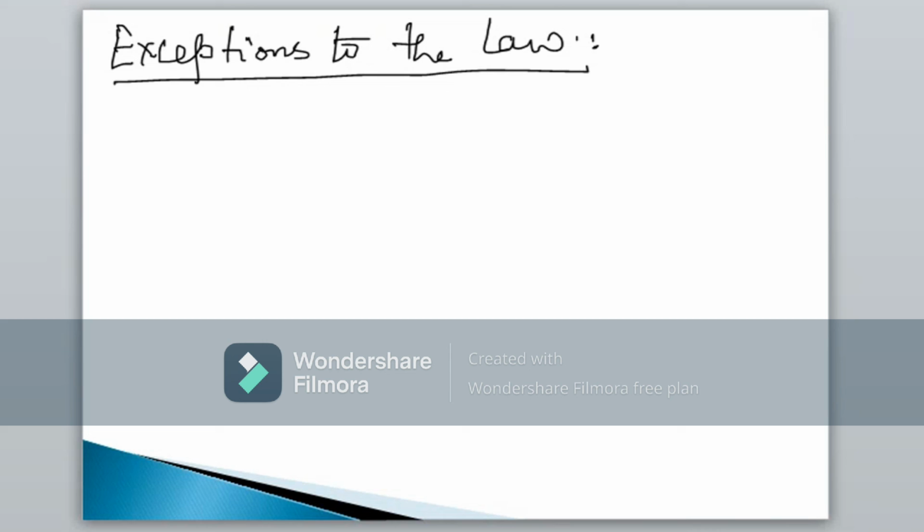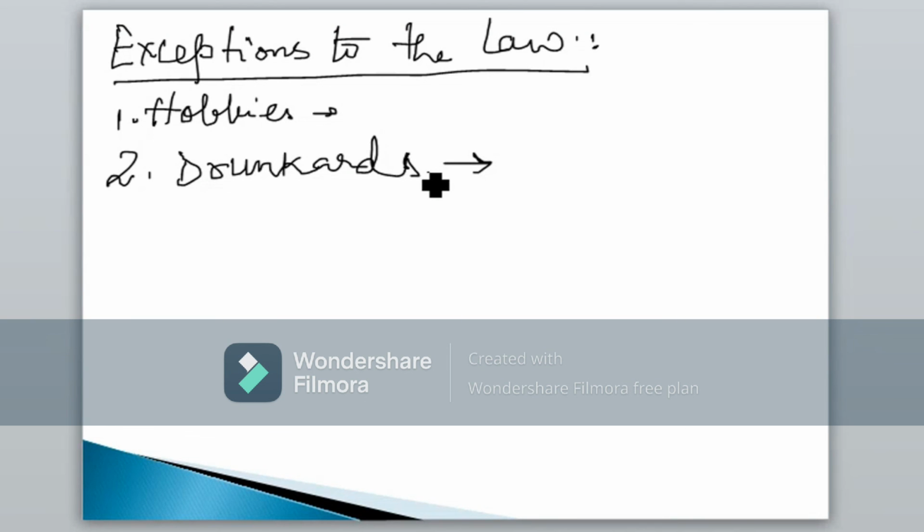Both are correct. So the first example I can give you is suppose you have certain hobbies. You have a hobby of stamp collection, or antique goods collection, old coin collections. So every additional unit gives you more satisfaction. Marginal utility will not fall. Marginal utility will increase here with each additional unit.